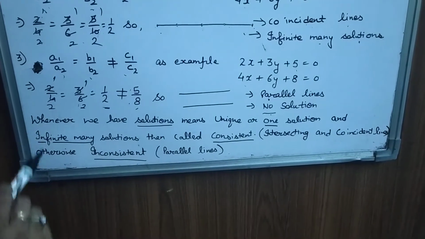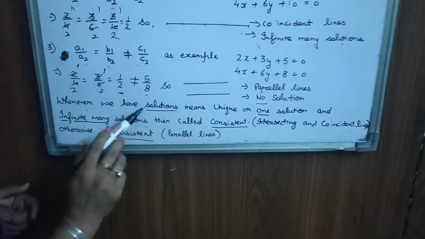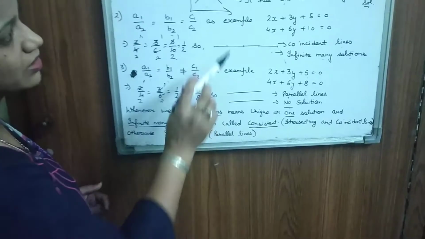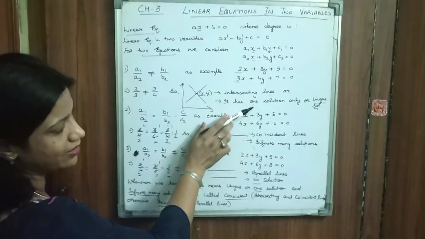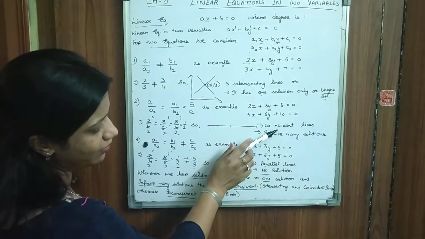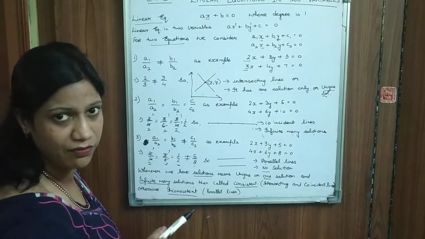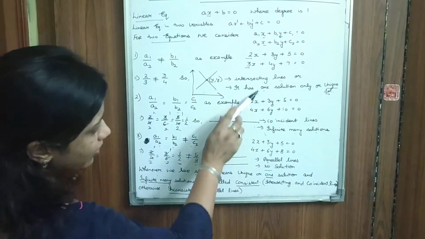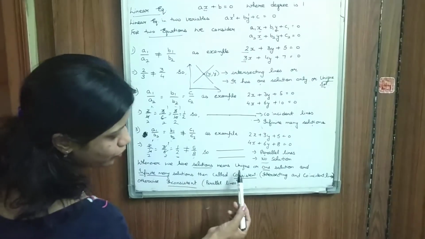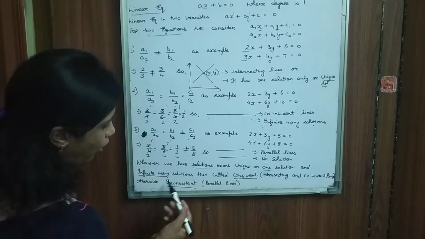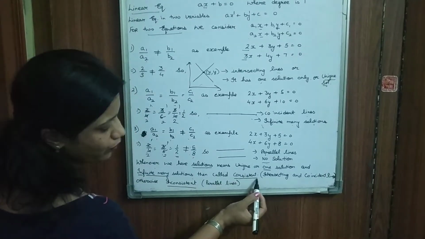One more thing I want to make clear. We got solutions in two cases. One, when we had intersecting lines and a unique solution. Second, when we had coincident lines and infinitely many solutions. We got solutions in these two forms only. Whenever you get solutions, the equations are called consistent equations.